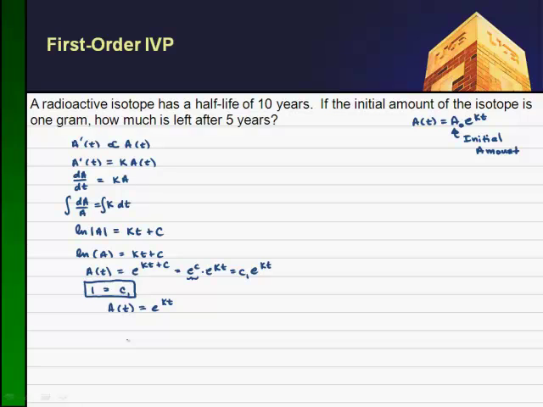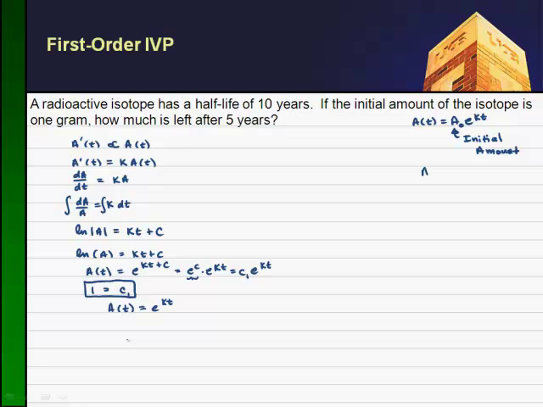It seems we need a little bit more information to find the rate of decay. So let's see. We have a radioactive isotope with a half-life of 10 years. That says that the total amount is going to be half of whatever the A naught is.